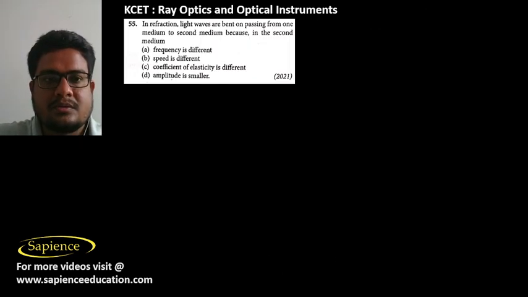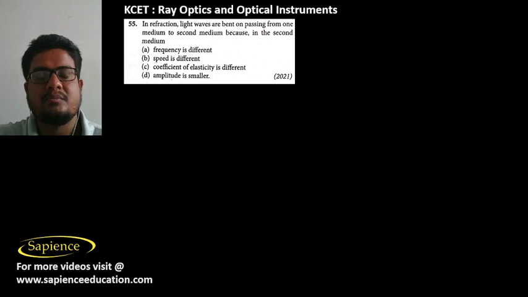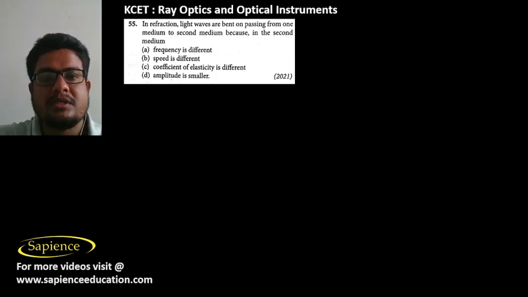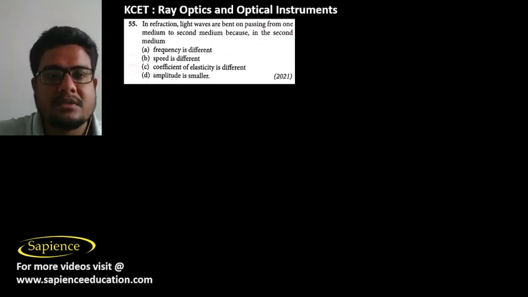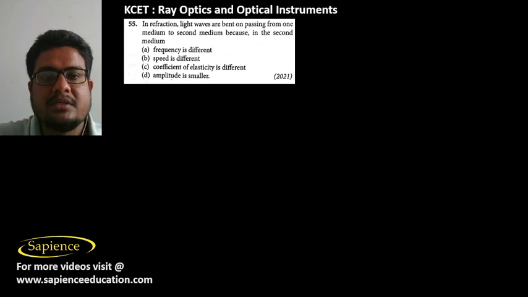Then question number 55 is told, in refraction, light waves are bent passing from one medium to a second medium, because in the second medium the speed is different, that's why the refractive index will change.